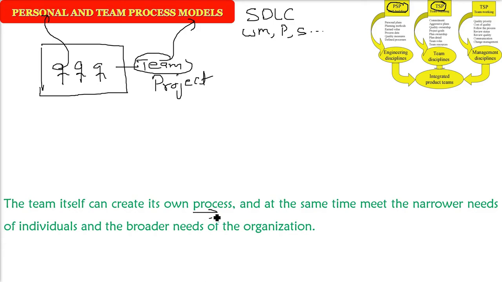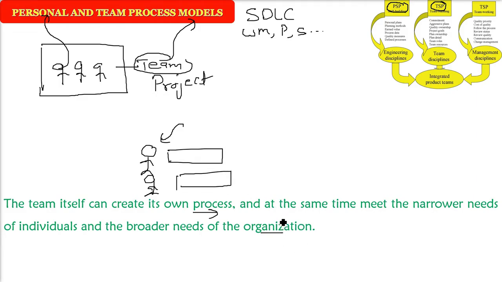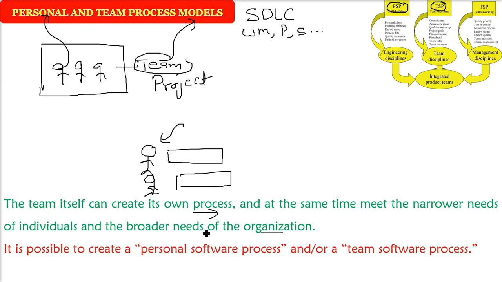The idea is the team can itself create its own process, because they are going to follow a certain need. And if an individual follows their own process and does it perfectly, then it will help the organization, because the organization is made up of these individuals only.